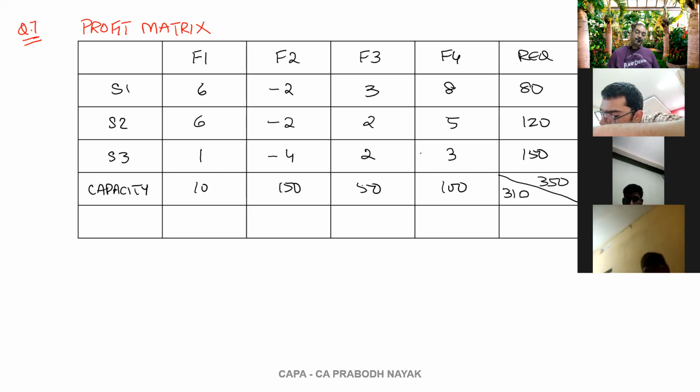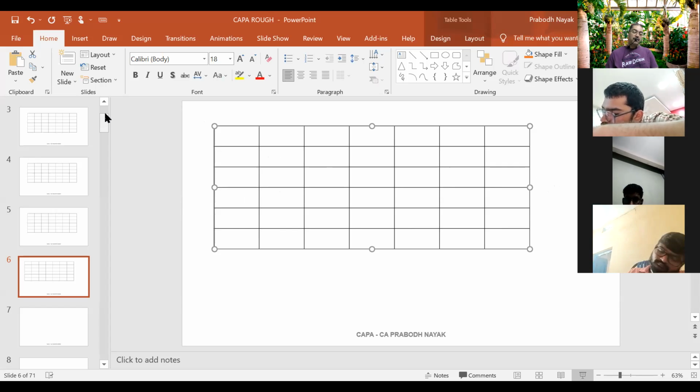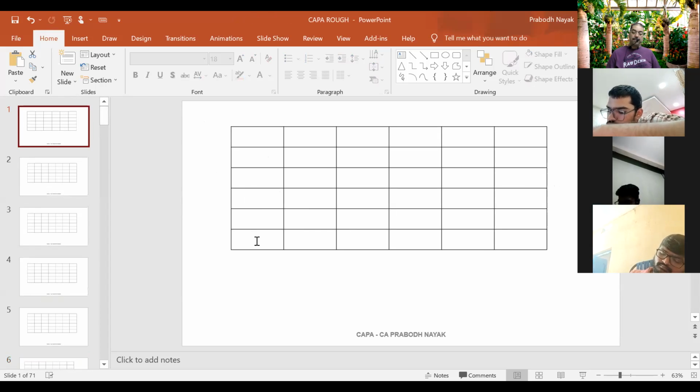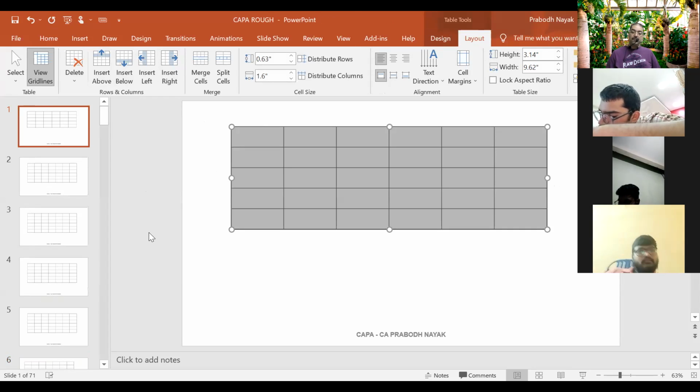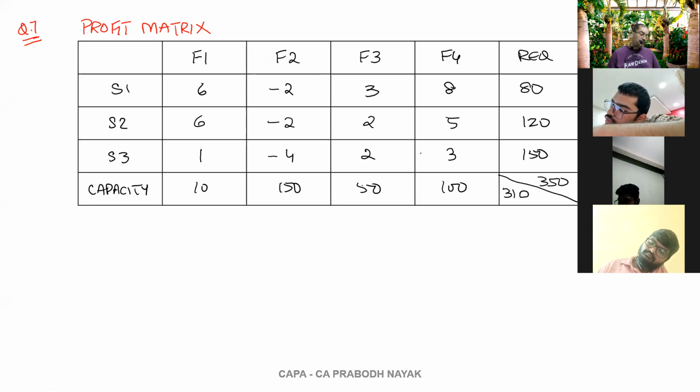All right, point number 2. After converting the profit matrix into the opportunity cost matrix, we convert the unbalanced matrix by adding a dummy factory F5.